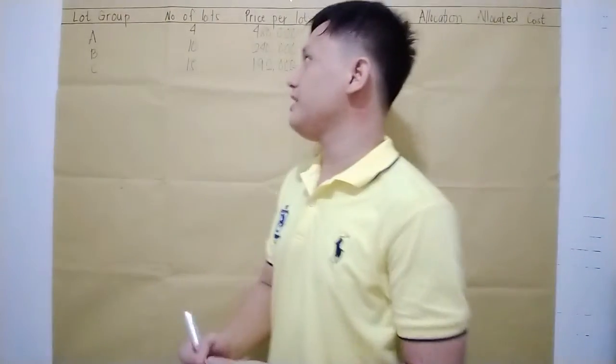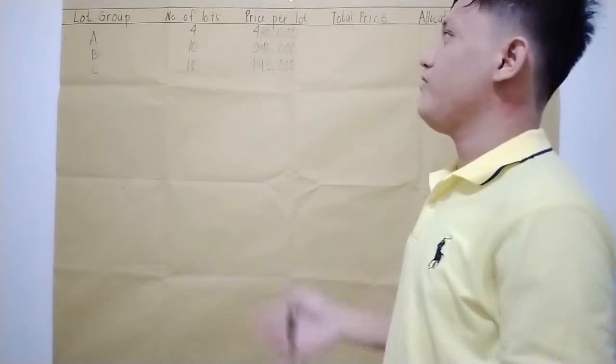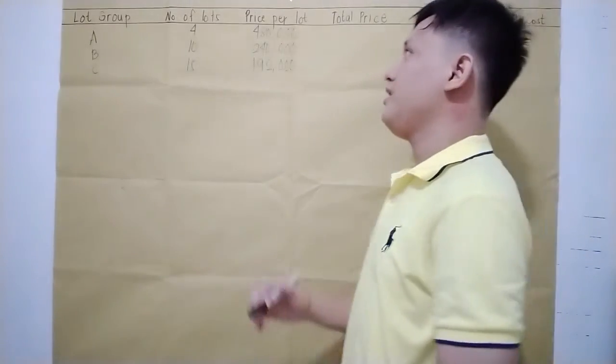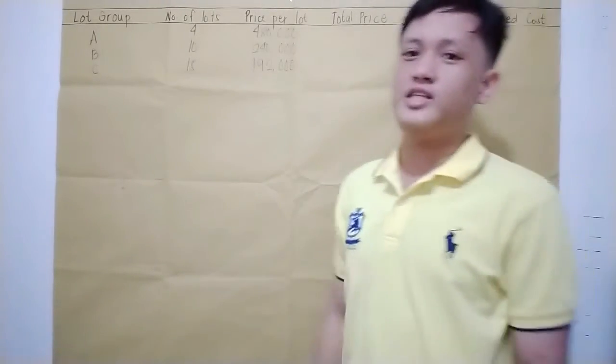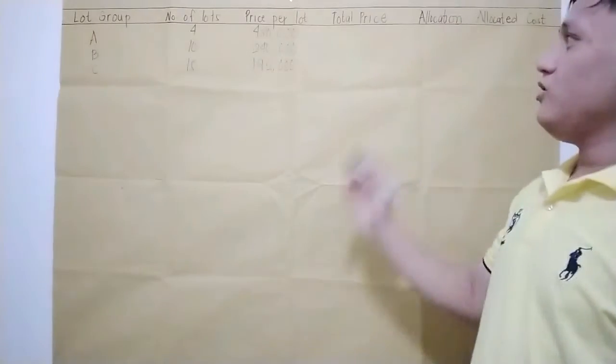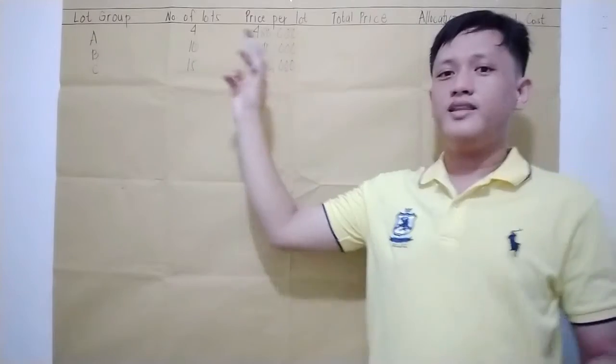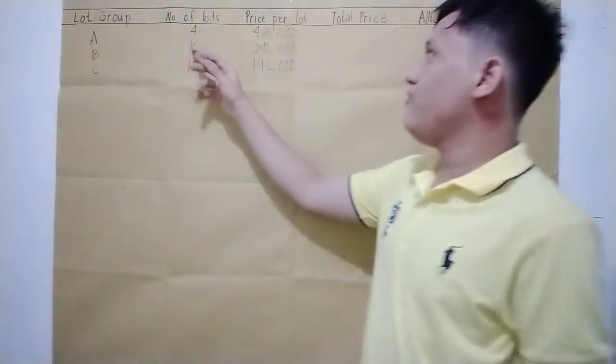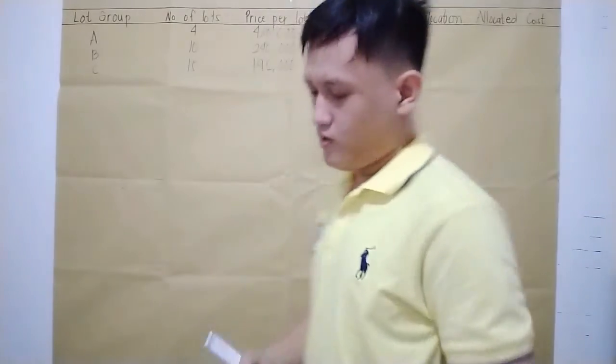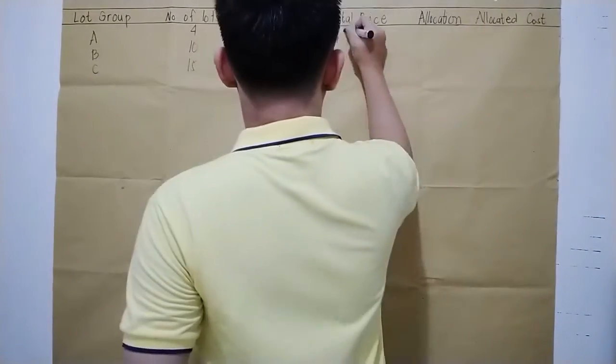So that's it, guys. It has groups A, B, and C. Its number of lots is 4, 10, and 15, and it has different prices per lot. To get the total price, we need to multiply the price per lot and the number of lots. So 4 times 480,000 is equivalent to 1,150,000.